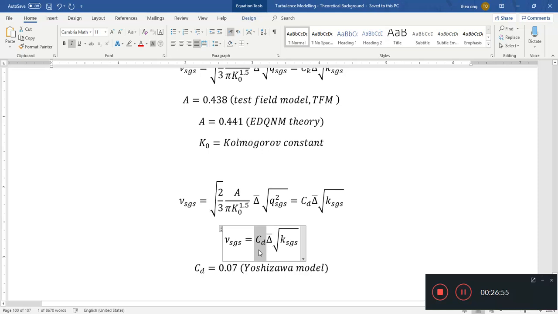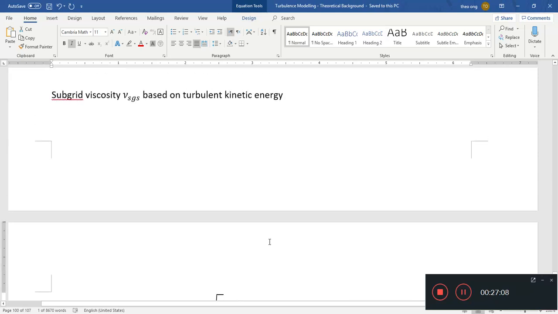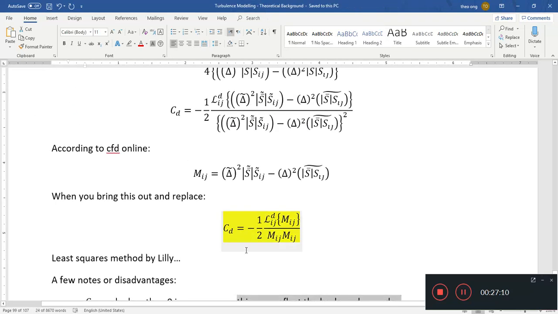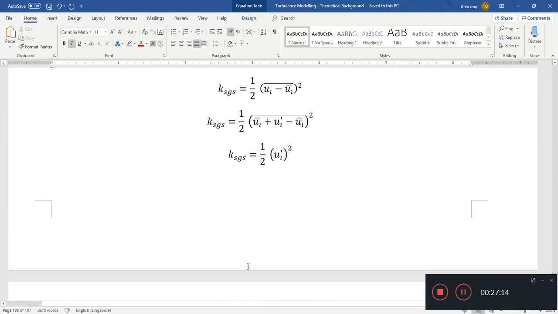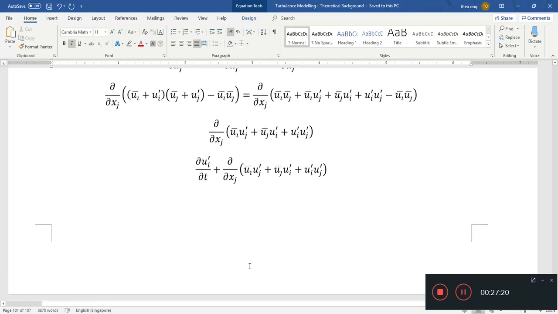Probably you have a Kim and Menon model. But the idea is that CD is not constant, and we probably get CD using some sort of double filtering that we talked about in the dynamic equation before. So this is just a rough introduction. I'm not going to go into detail, but this is roughly what the K-equation is.